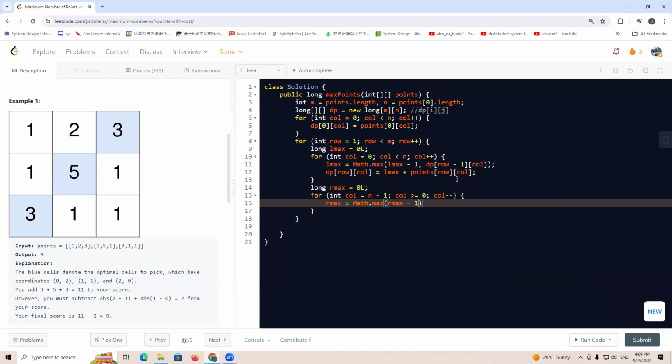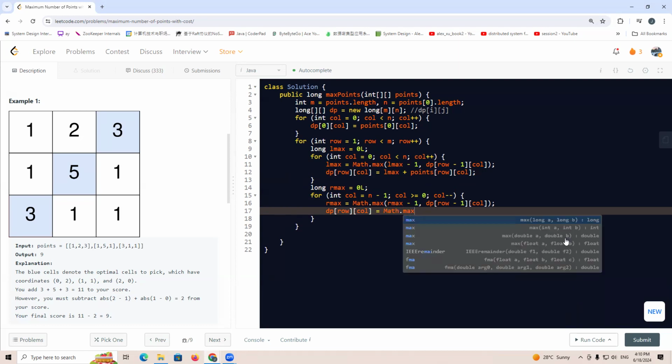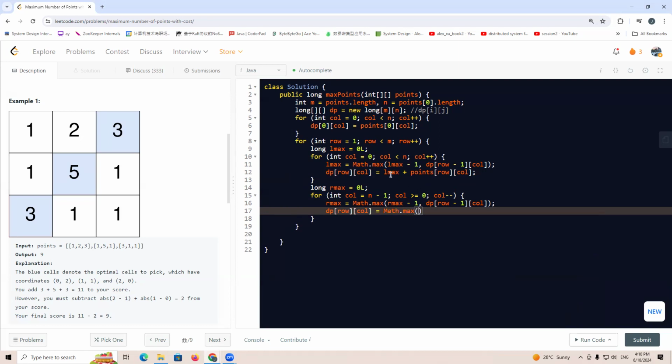Every time we move one column, the column difference we should have this value minus 1, and we'll have dp of the previous row in the column. So for dp row column, what we are going to do is Math.max, right? We should have two directions, because we may keep the left to right one, or we are keeping the right max plus these kind of points.